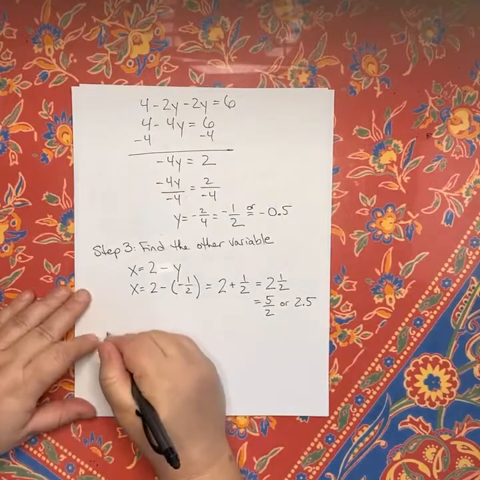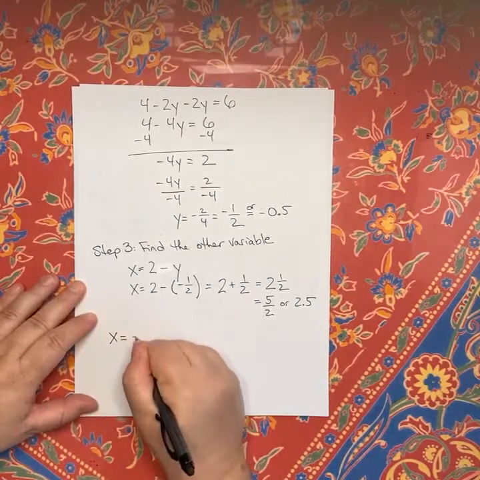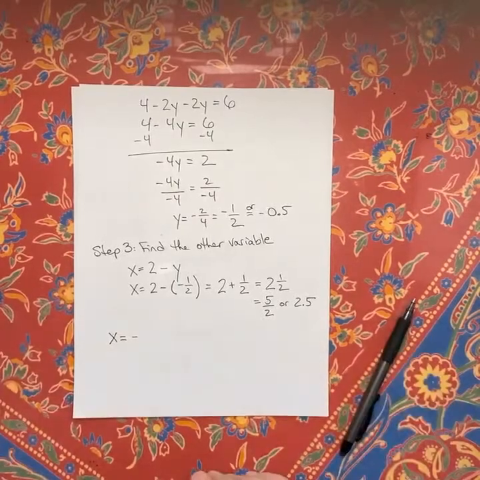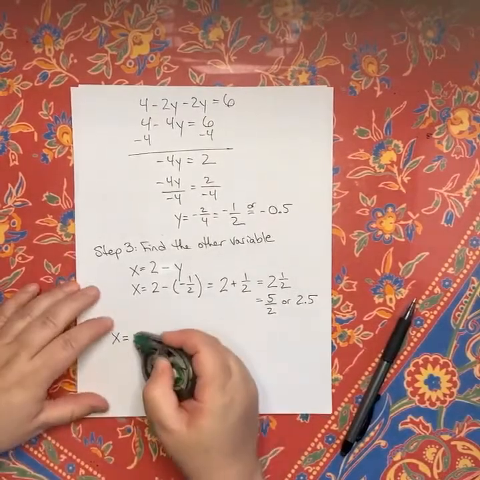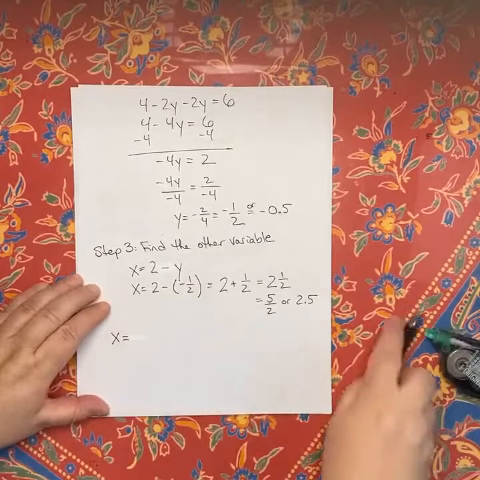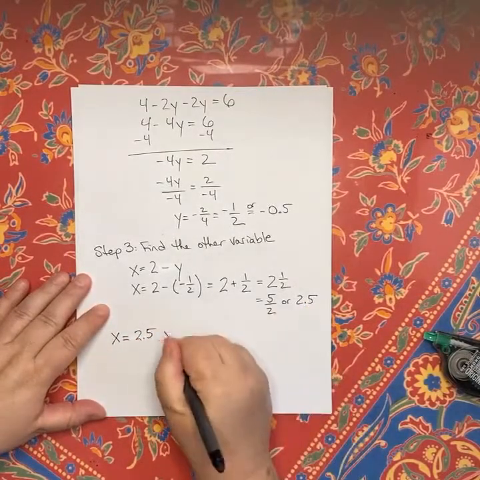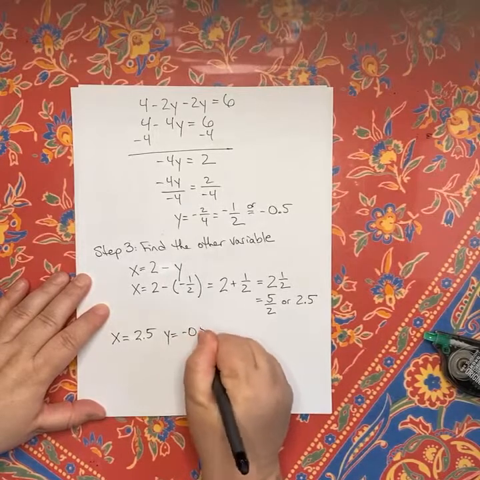Okay, so my two values are x equals 2.5, right? It's right there. And y equals -0.5.